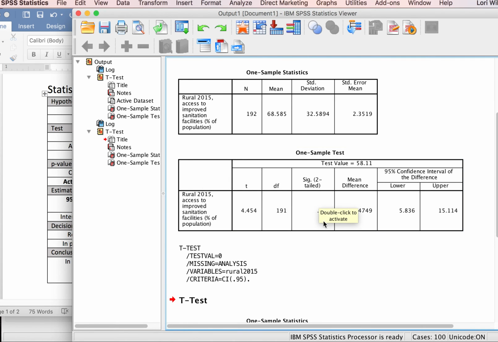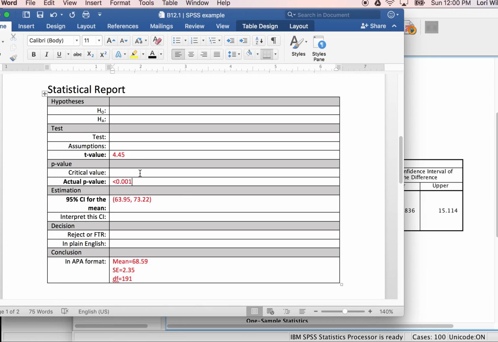So anytime you see this 0.000, I would suggest using a p-value is less than 0.001, or you could say less than 0.0005, which is also technically correct. So it depends just how precise you want to be. This is pretty precise here.